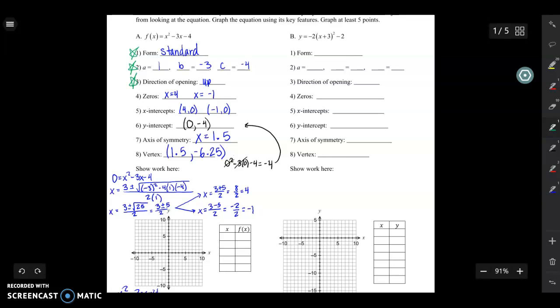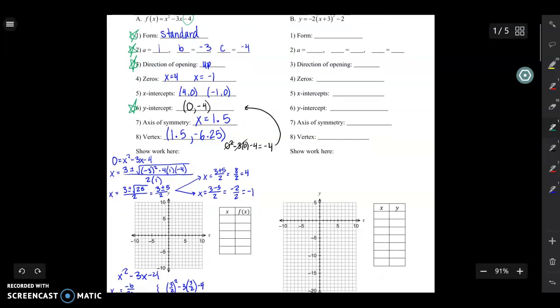We can also tell the direction of opening really fast just by looking at A. Now the zeros, the x-intercept, the vertex, and the axis of symmetry took some work. However, the y-intercept was pretty easy because the y-intercept is always just whatever your C value is. Okay. So if I'm in standard form, it's really easy to find the form, the A, B, and C, the direction of opening, and the y-intercept.